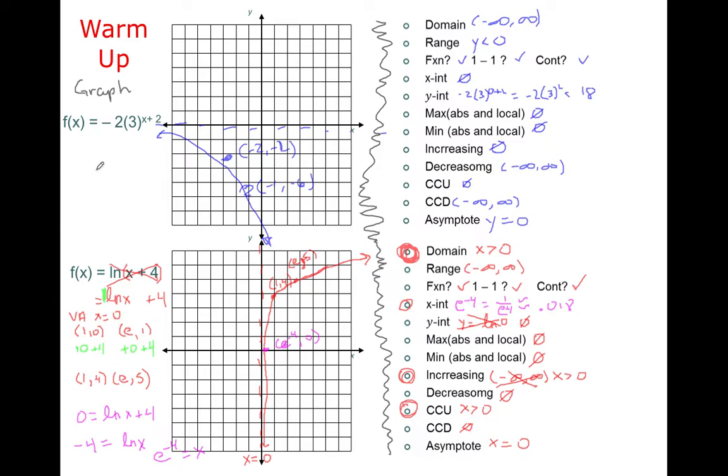You have to graph where, for exponentials, where did 0, 1 go, and where did 1, b go, and where did the horizontal asymptote go, if anywhere. For logs, where did 1, 0 go, and where did b, 1 go, and where did the vertical asymptote go.